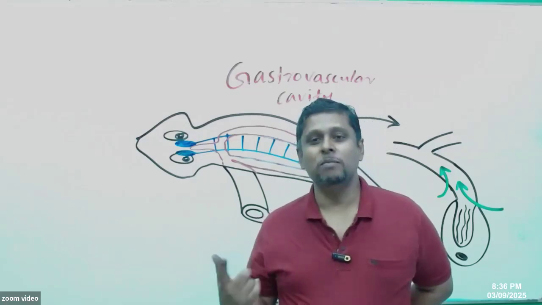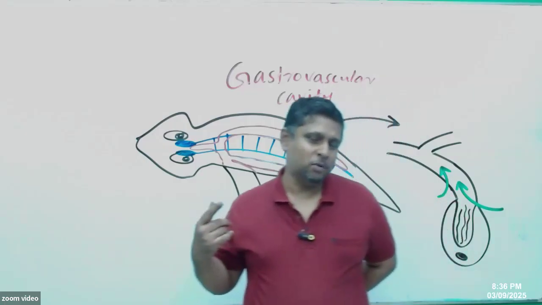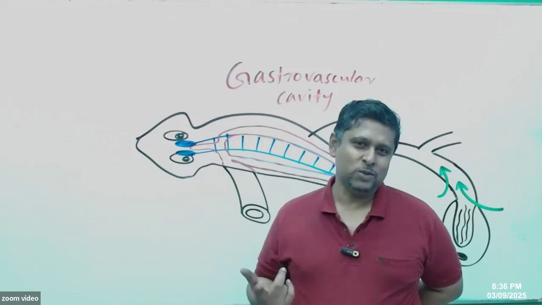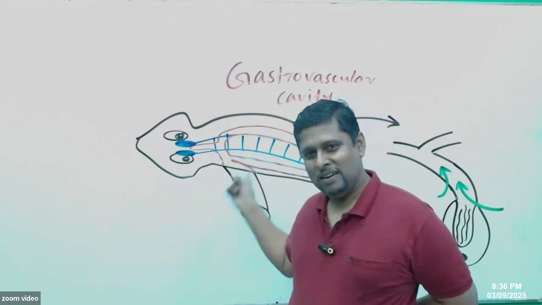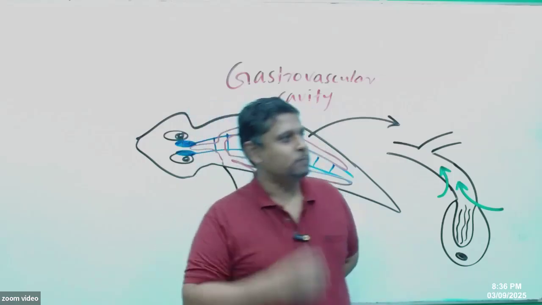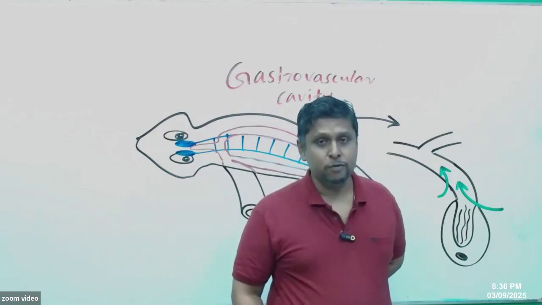Now, when we discussed cnidarians, it's not like that. Some are unisexual, some are bisexual, but these guys are all bisexual. So that's what you need to know. Some are parasitic, they say. Parasitic forms are present.